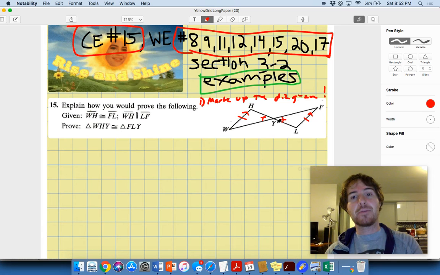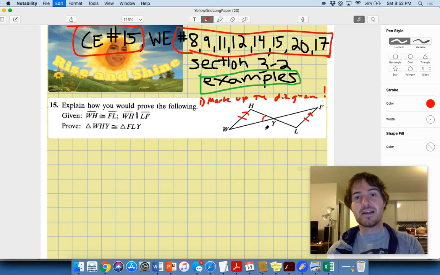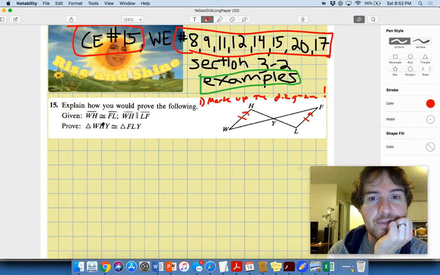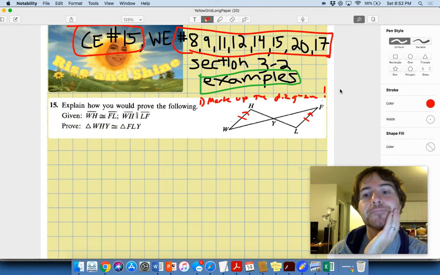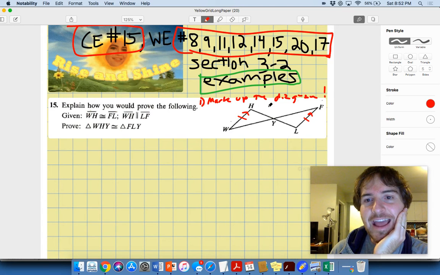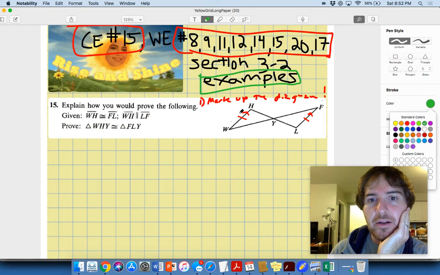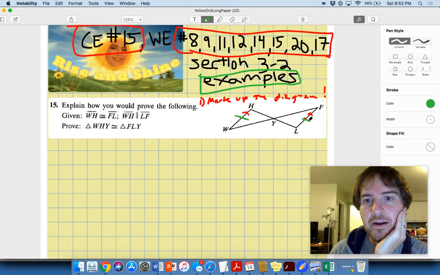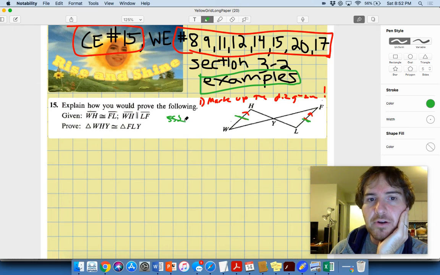I'm telling you that might not be the best idea, because our goal here is to say that this triangle right here is congruent to this triangle right here, FLY. So if I have a side listed right here, I'm not going to use SSS to prove congruency here because I don't know anything about how these two sides relate, so I'm going to cross that out.